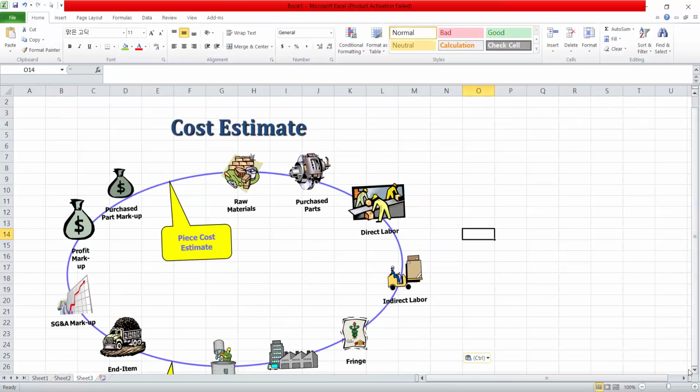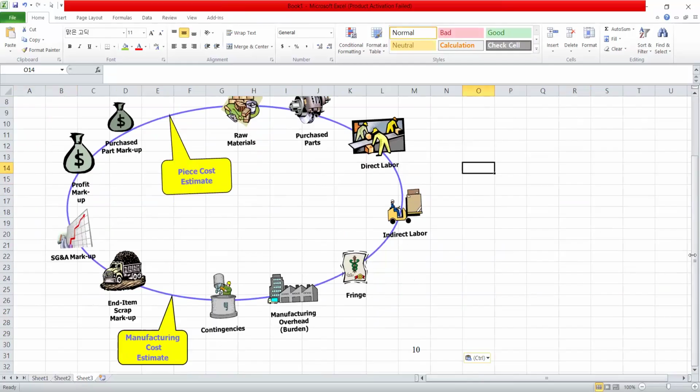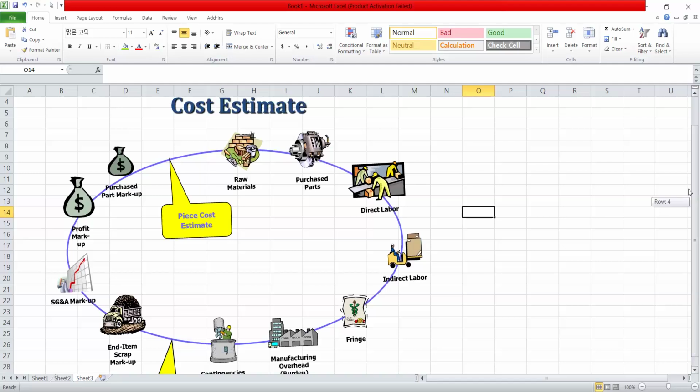They will provide all the specs, dimensions, material, and quantity. The number of products you are building will be provided by purchasing. So all this information comes to you very specifically.